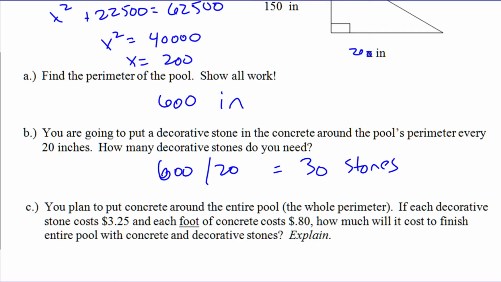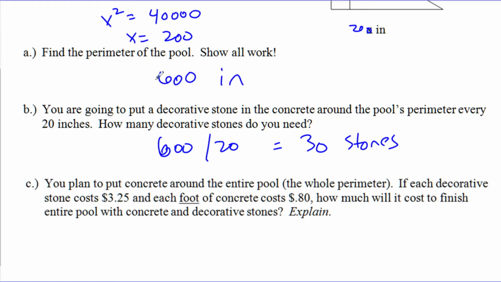We have 50 feet of pool. Each foot costs 80 cents, so 50 feet times $0.80, right, 80 cents, it looks like it's going to be $40 for the concrete.